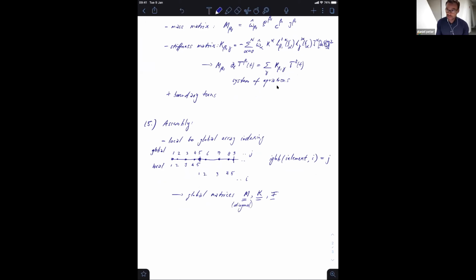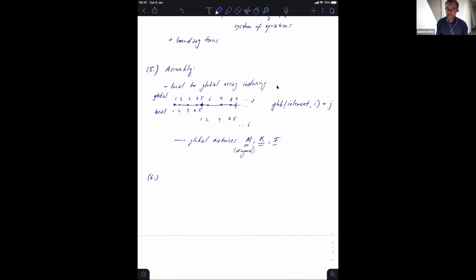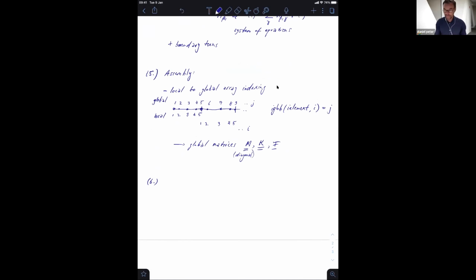Good, what's the last step in order to solve it? Step 6 and final step. Suggestions, ideas?